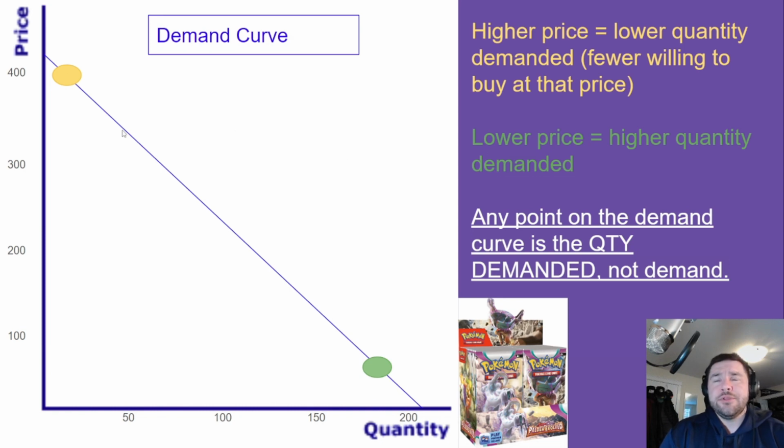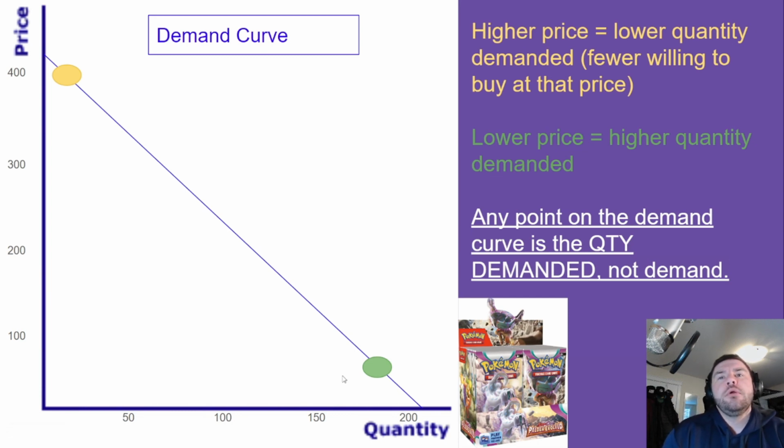So this basic idea, the premise, is the higher the price, we have price here on the y-axis, and right now it's $400, the fewer quantity demanded, right? Consumers aren't going to buy a bunch of boxes because they either can't afford them, or they don't value the product that high, right? Kind of makes sense.